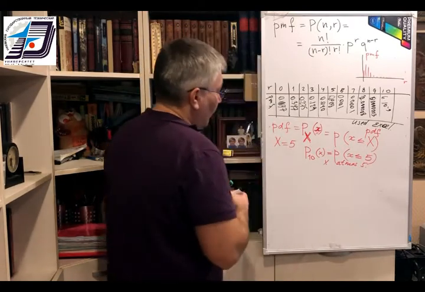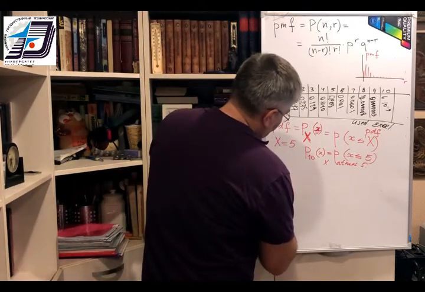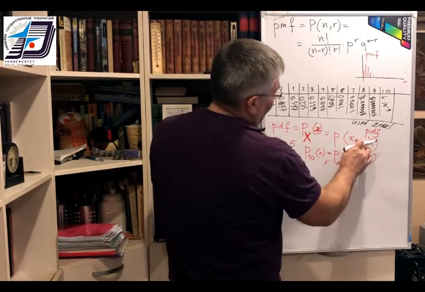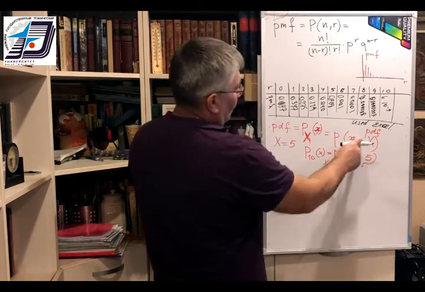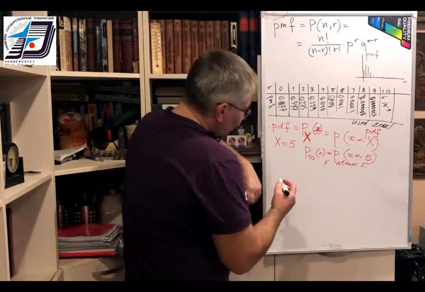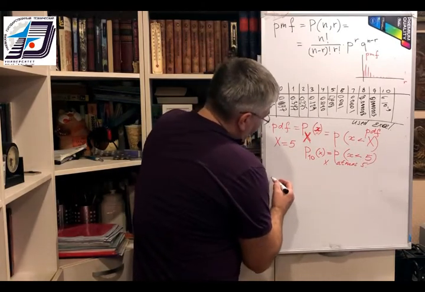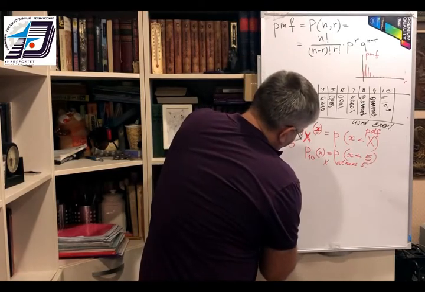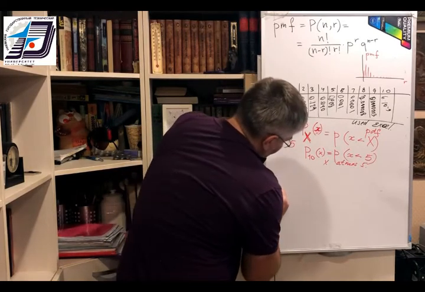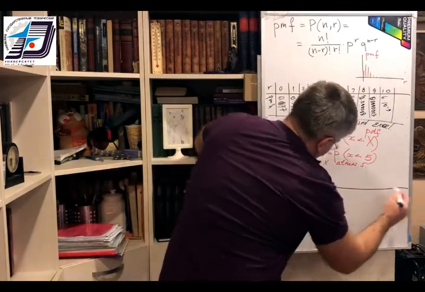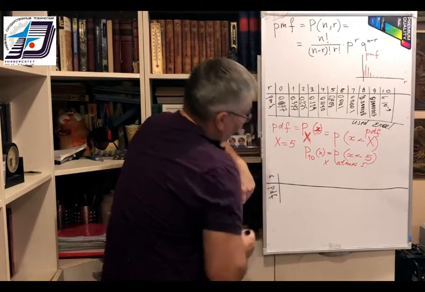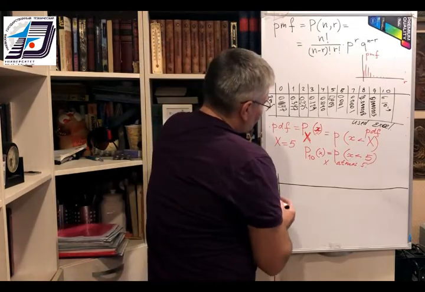Firstly, I make here R and here the PDF, the probability distribution function.